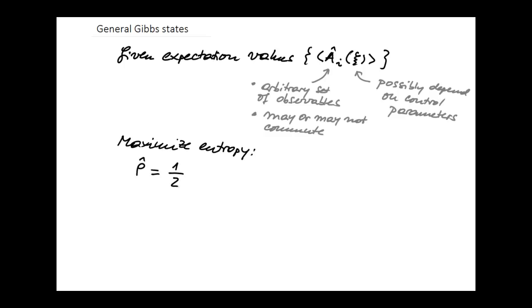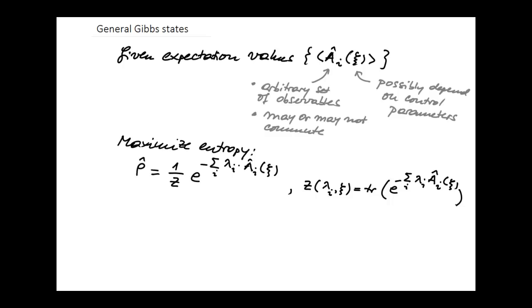It's 1 over Z, times an exponential e to the minus the sum over all i, over all the relevant observables in our set, of some parameter lambda_i times the operator A_i, which may depend on psi, where Z, a function of the lambdas and psi, is given by the trace of this exponential, e to the minus sum over i of lambda_i A_i of psi.